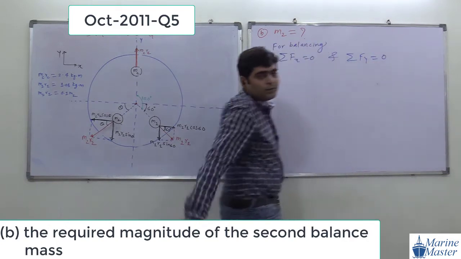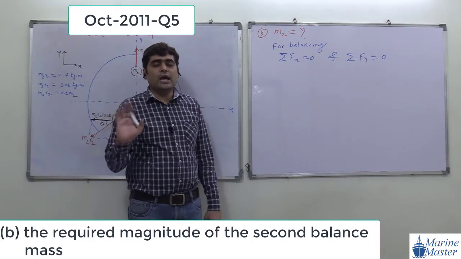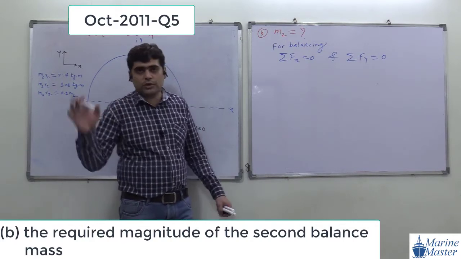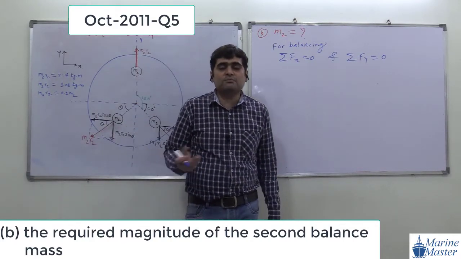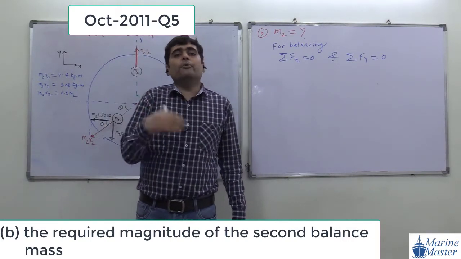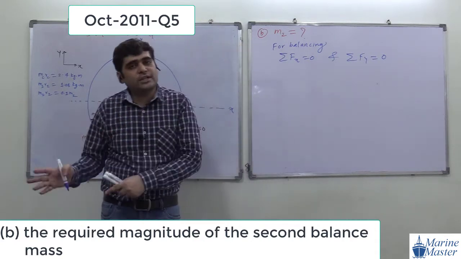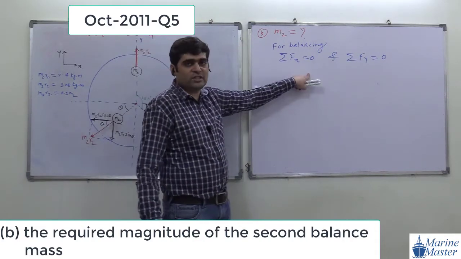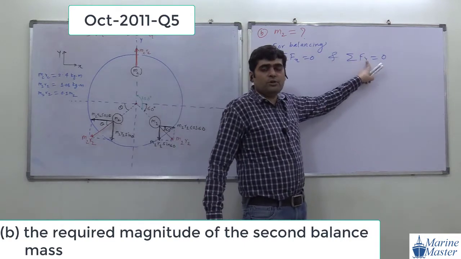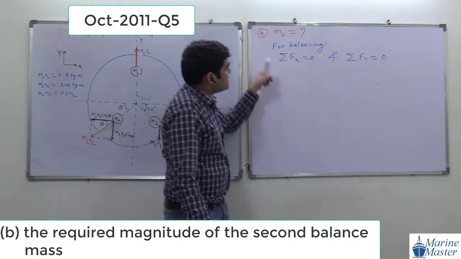Then and only then is the system in balance, meaning net resultant force is 0, and its component in x direction equals 0 and its component in y direction equals 0. Any doubt in this discussion?